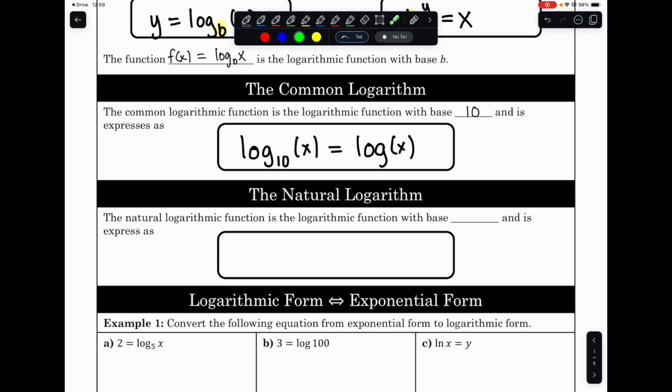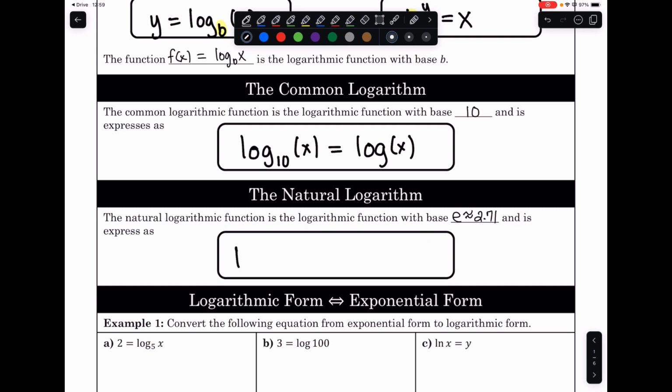The natural logarithmic function is the log function with base e, Euler's number, which is the constant approximately 2.71.